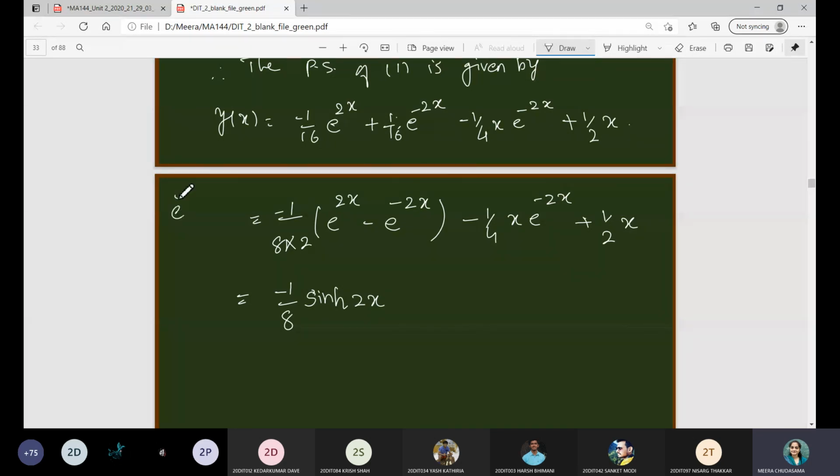If you remember, e raised to ax minus e raised to minus ax upon 2 is sine hyperbolic ax, and if it is with the positive sign, it is cos hyperbolic. So since it is negative sign, this one will be the answer. So if some book or some reference has given the answer in terms of hyperbolic, you can see that from exponential functions we can easily convert any such terms into sine hyperbolic or cos hyperbolic functions. Is it clear to everyone?